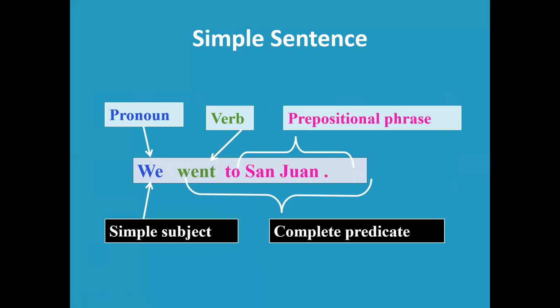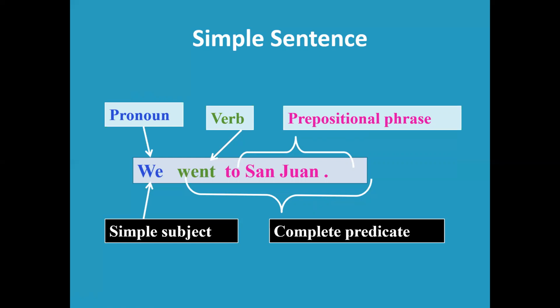If we classify the minute details in the sentence, then we understand we is the pronoun and subject. Went, as we know, is the second form of the verb. The first form or the root form of the verb is go. So it is the second form, and that is absolutely the verb in the sentence.